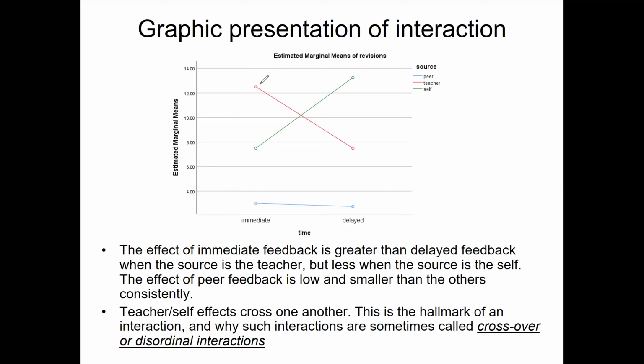So the effect of source is contingent on time, or the effect of time is contingent on source. If you're looking for the qualities that are most associated with high writing performance, that would be immediate teacher or delayed self. You need to know two things, time and source, in order to make an interpretation.